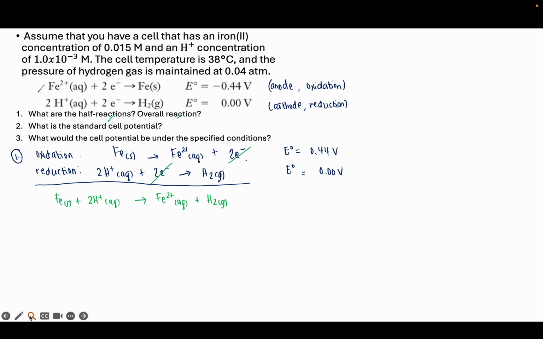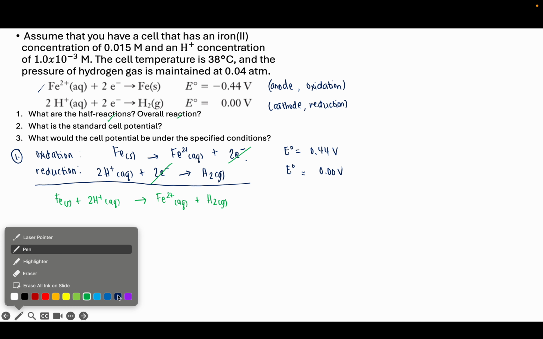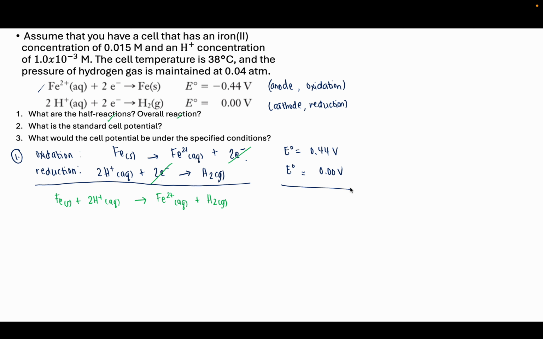For number 2, we have here the standard cell potential. Recalling the standard cell potential, we have the reduction plus oxidation.